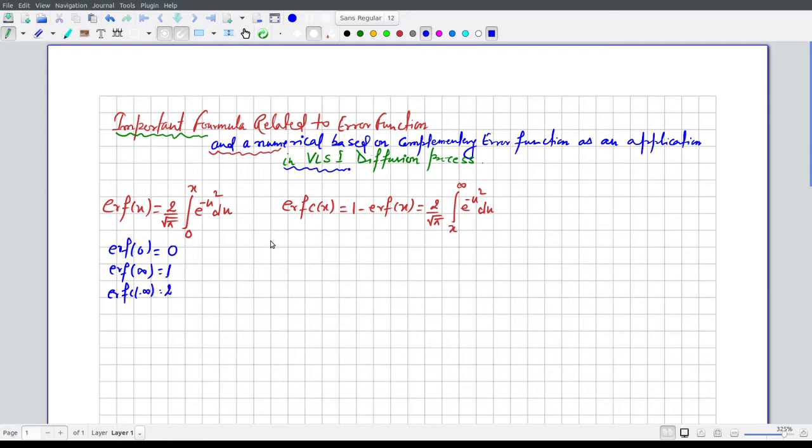These are a few formulas, and for the integration, I am writing some formulas. If we integrate 0 to infinity of erfc of x dx, it should be 1 by root pi.